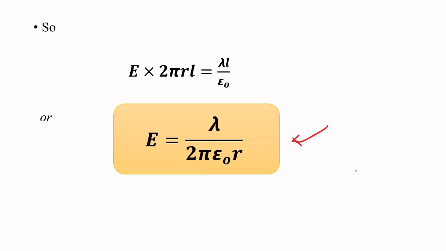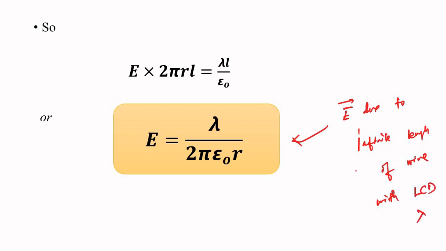This is the expression for electric field intensity due to a linear infinite length of wire with linear charge density lambda. So this is the situation that we have here.